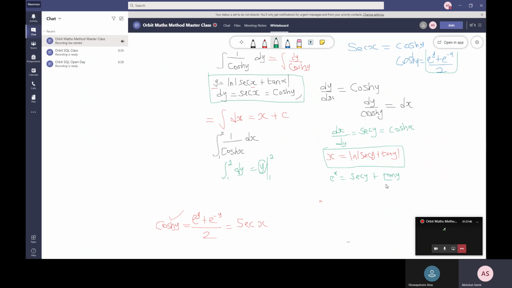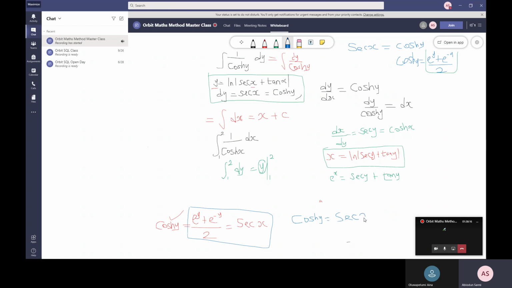Okay, this is where I did that logic. Yes, exactly. So I can just use this. Are you with me? I can just use this logic. So I already have that cos y is the same thing as sec x.